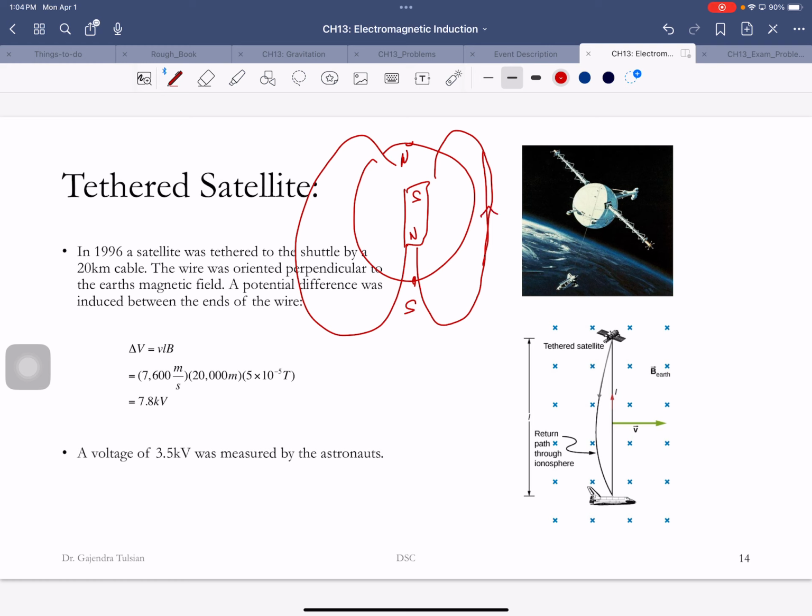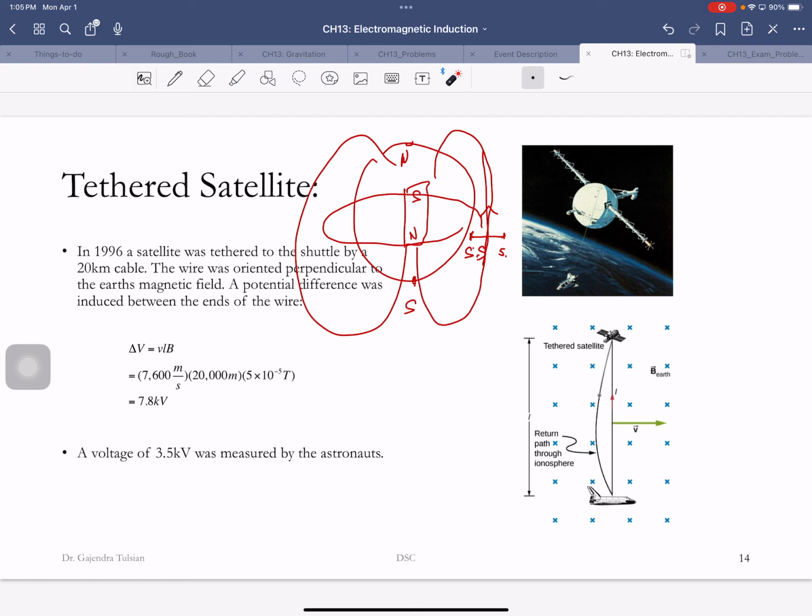The space shuttle was flying around the Earth like that. This is the shuttle and there's the satellite. So this wire was cutting the Earth's magnetic field, moving perpendicular to it.